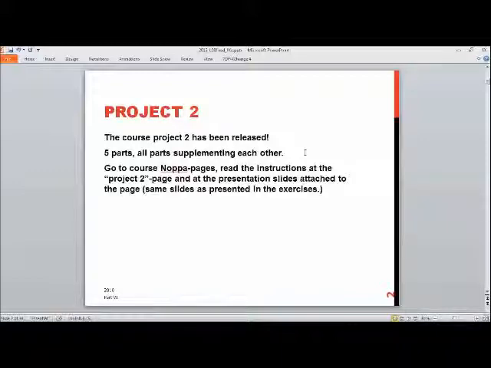The idea is that with your group, the same group you did the Project 1, the smokestack payroll system, you are to design a software architecture in 5 parts, which all parts supplementing each other, for Media Fun Corporation who wants to extend their business towards digital distribution of media. The project is in Noppa pages and it has set deadline for 16th of December.